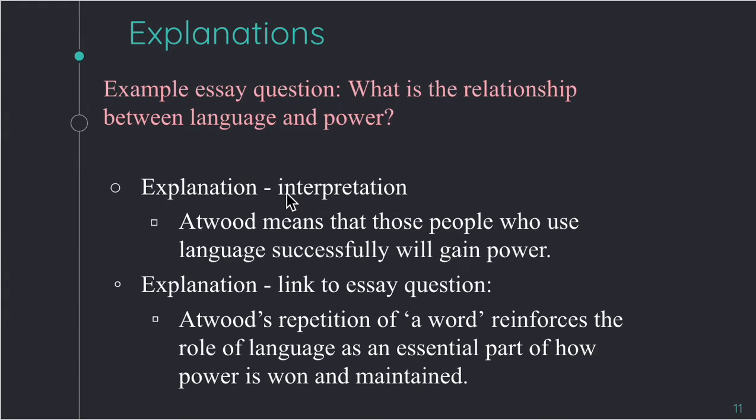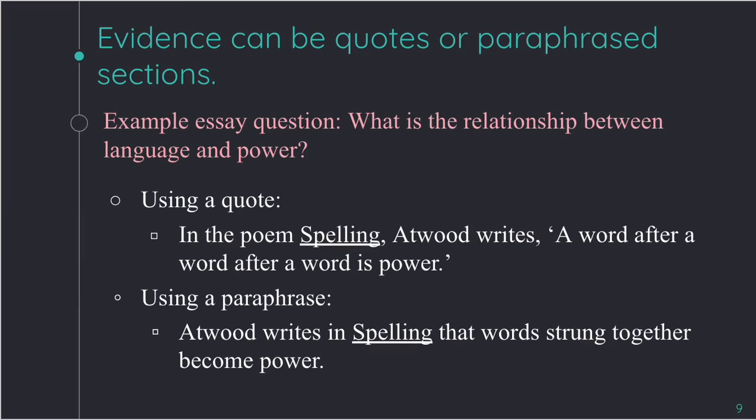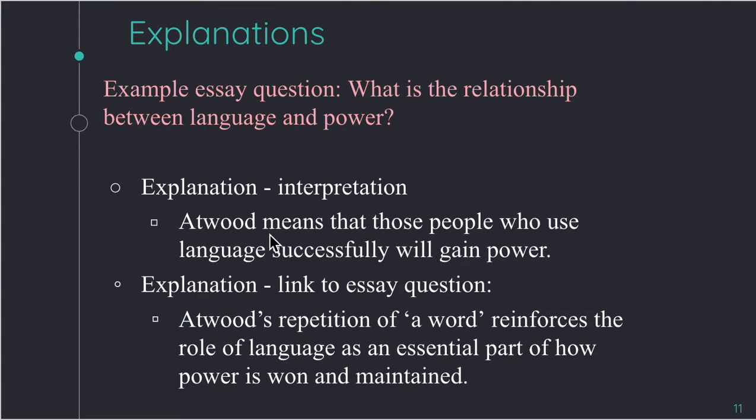Now here's an explanation sentence, and it's an interpretation type. And we're going to stick with Atwood's quote, a word after a word after a word is power. Here's the interpretation. Atwood means that those people who use language successfully will gain power.